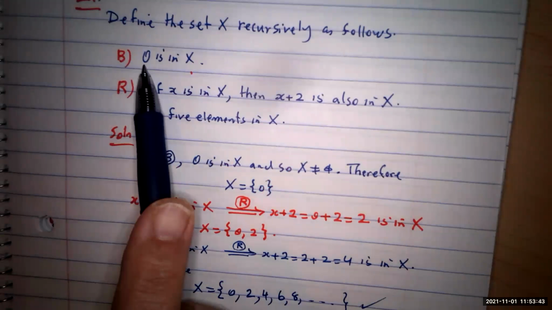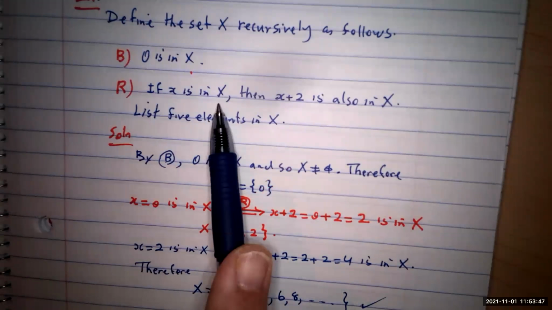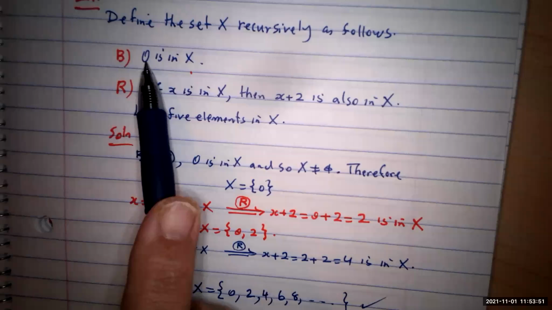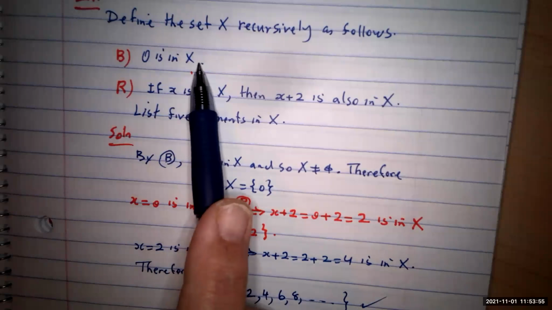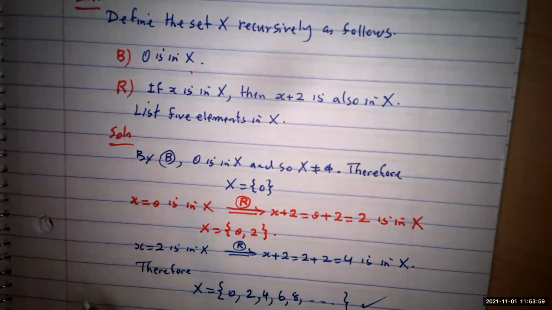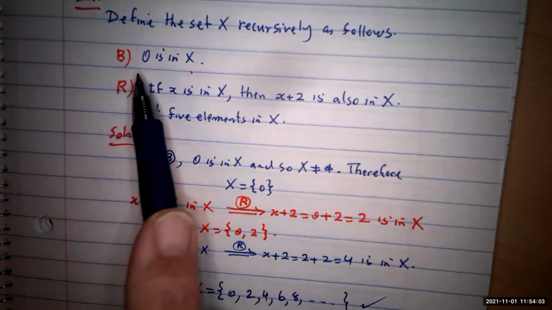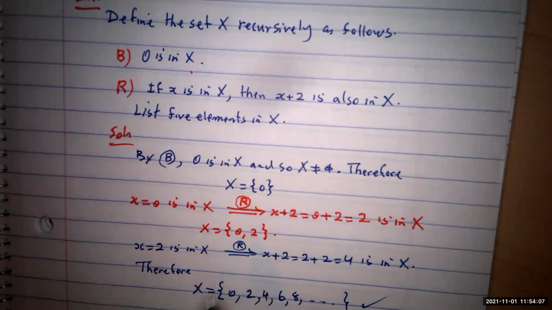When you say P of 0 is correct, the P is that every element in X must be an even number. So the basic step is the basic element is an even number? Yes, it's done.